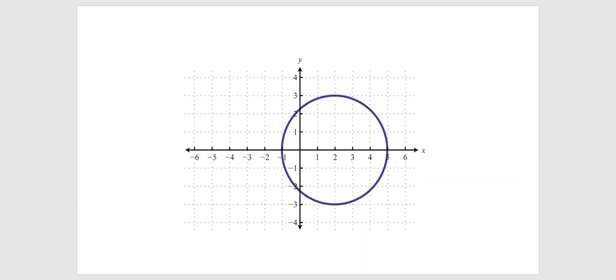If I draw a vertical line, using the vertical line test, I can draw a vertical line from here to here, from top to bottom, and that will intersect the graph at 2 points, making it not a function. So this one is a graph of not a function.